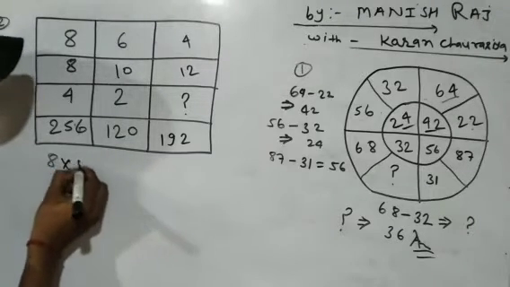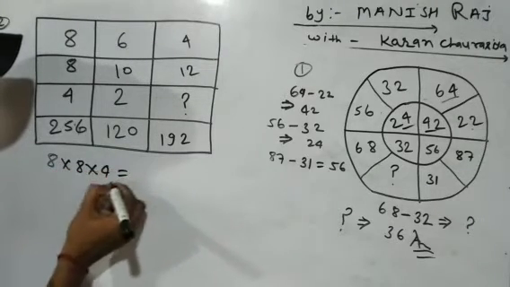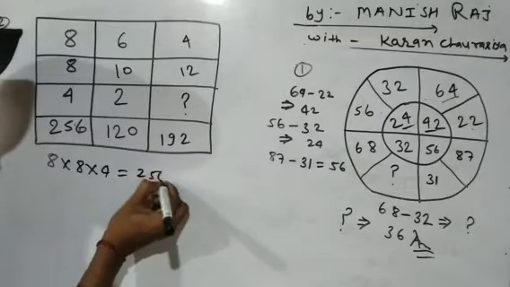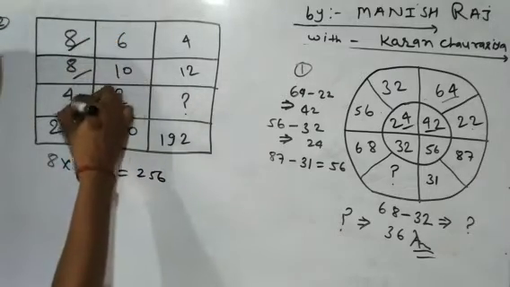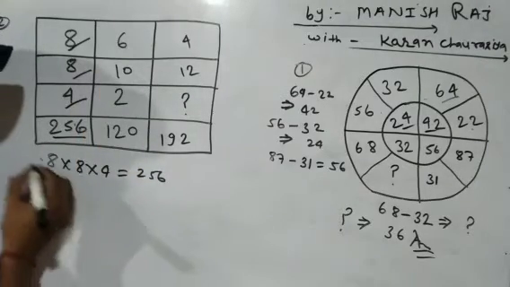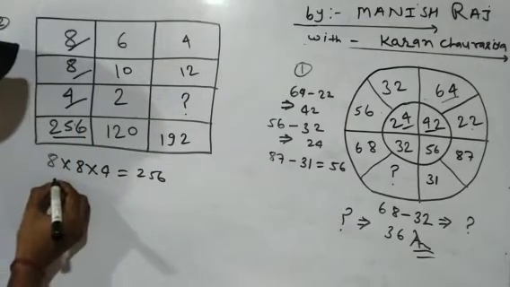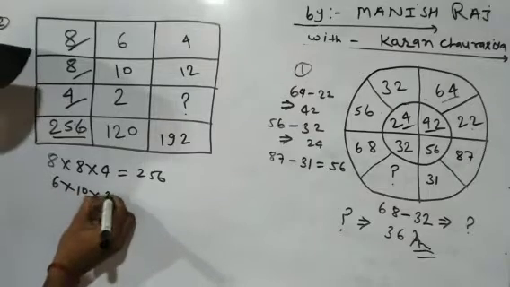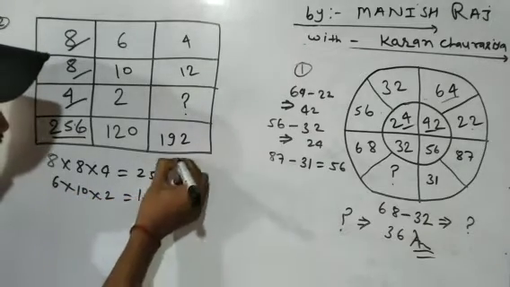When 8 multiply 4, then we can get 256. According to the same process, we apply 6 multiply 10 multiply 2, then we get 120.